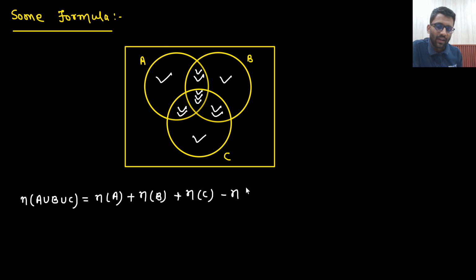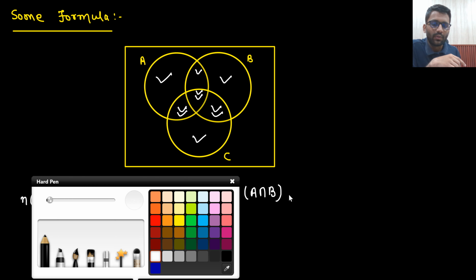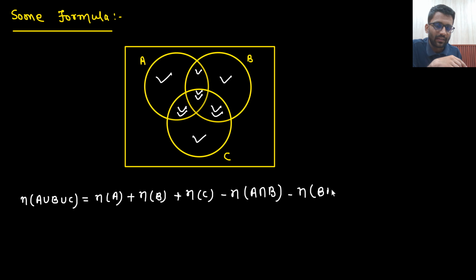So what I do is minus N of A intersection B. I want them only once. If I do minus A intersection B, that means in A intersection B, this will be gone and this will be gone. Both of them will be gone once. Now, if I do minus N of B intersection C, this is the B intersection C part.